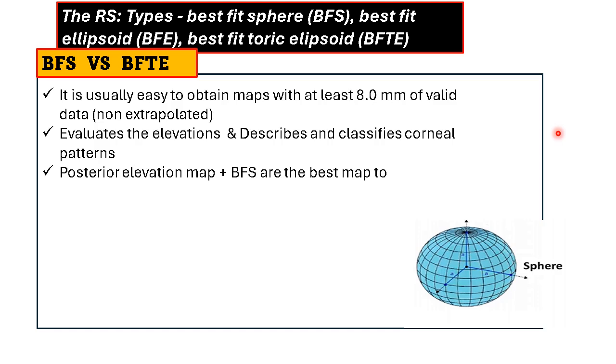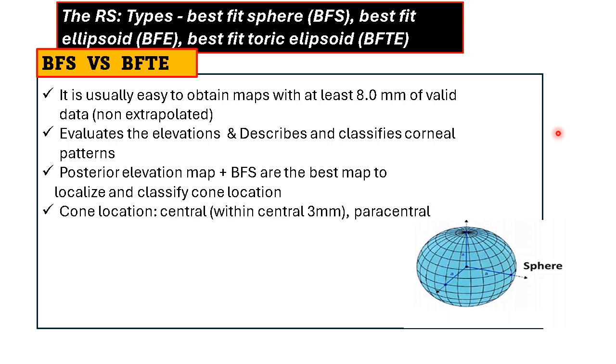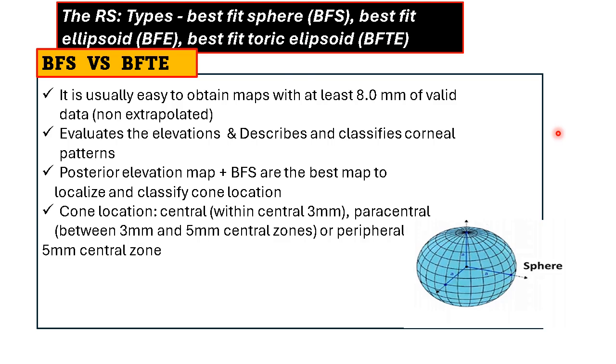It is very useful in determining the apex of the cone and early detection of keratoconus, and describing the shape of the cone. And along with the posterior elevation maps, it is very useful in early detection of keratoconus, and also useful in the classification of keratoconus as central or paracentral or peripheral based on the elevation map using the best fit sphere.